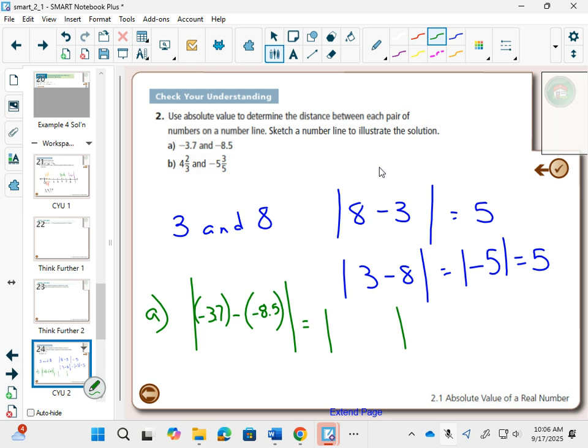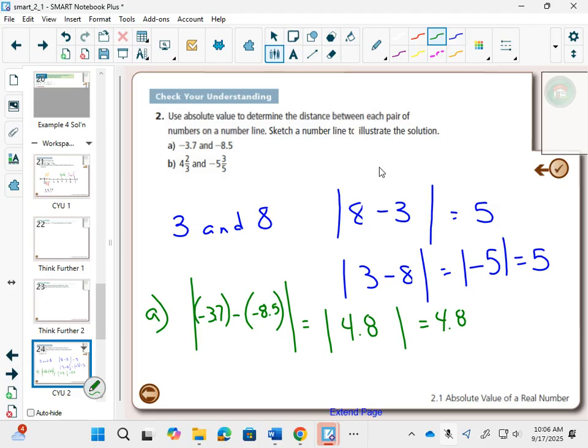Subtracting a negative is the same as adding, so what would I get here? Positive 4.8. And then the absolute value of that, of course, the distance is 4.8.